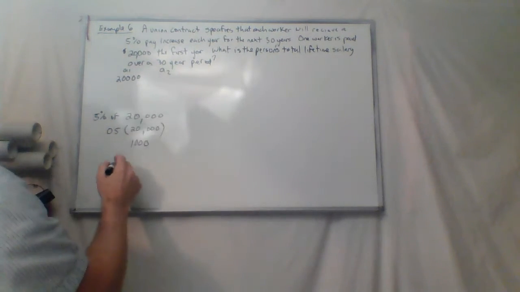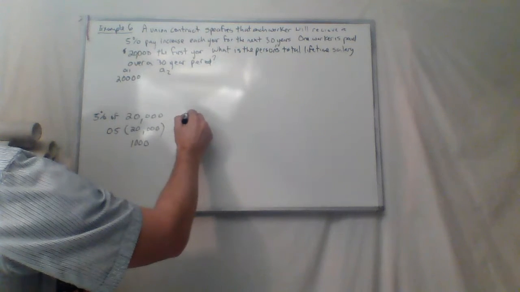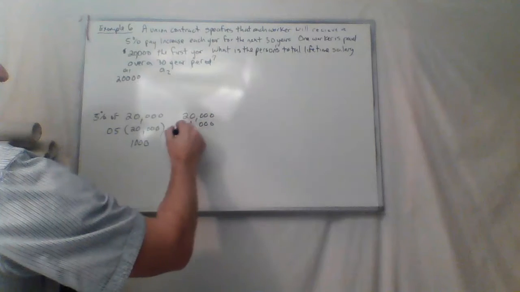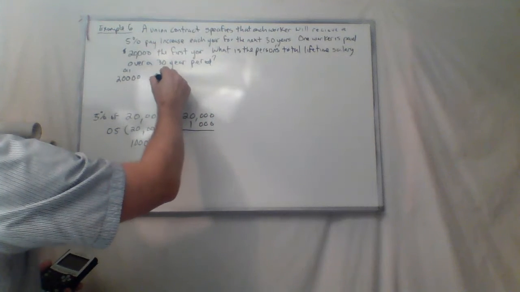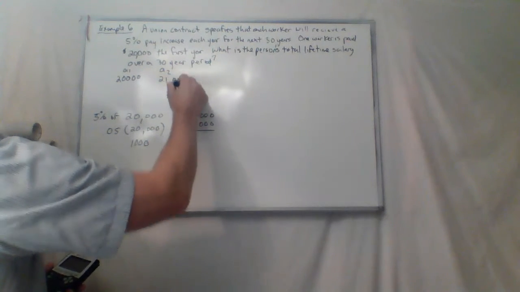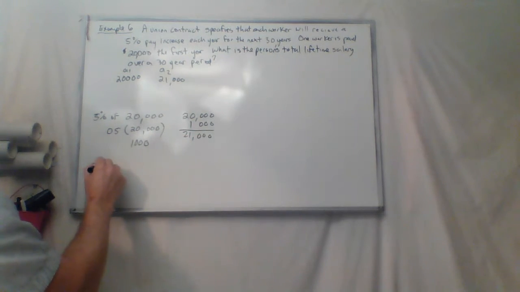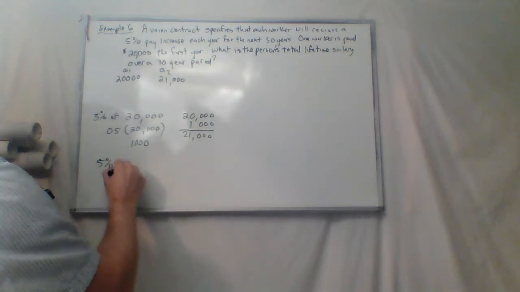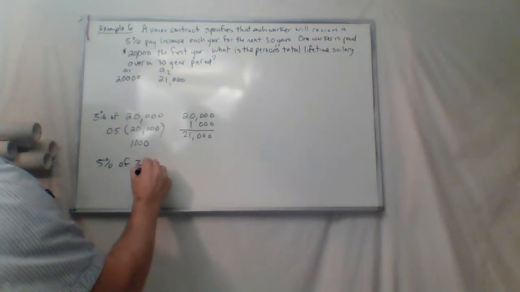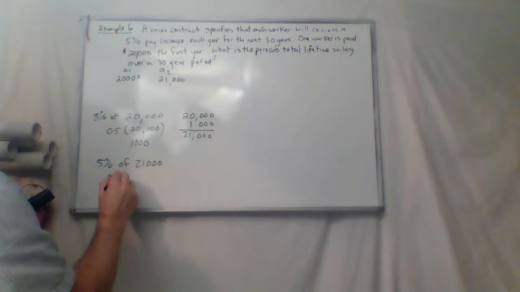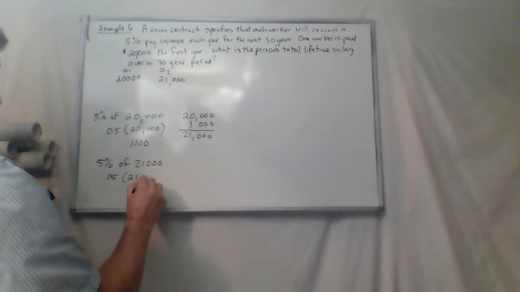And that's $1,000. So that's not what they make the second year. That's what it's increased by. So then you're going to go 20,000 plus the 5%, and year 2 is going to be $21,000. And year 3, you're going to get a 5% of your 21,000. So what's 0.05 times 21,000?